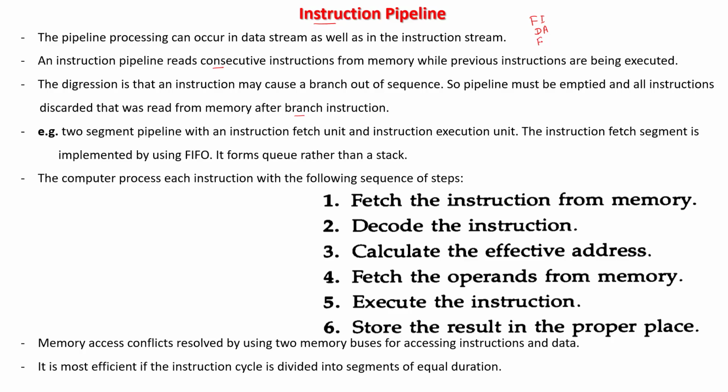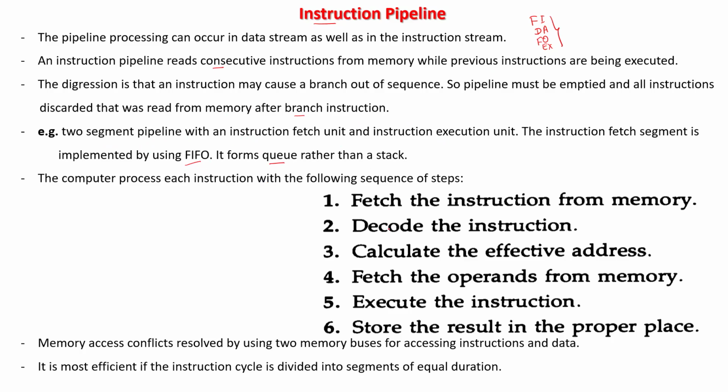After that, we fetch the operand and finally execution takes place. So these four steps are considered here. In a two segment pipeline with an instruction fetch unit and an instruction execution unit, the instruction fetch segment is implemented using first in, first out, so it performs as a queue rather than a stack.